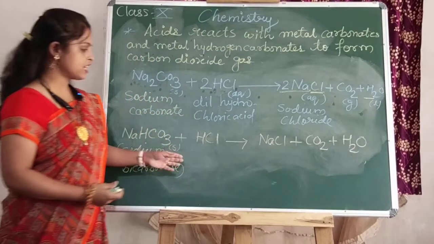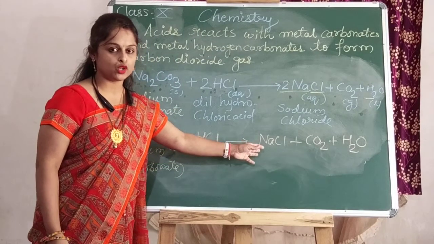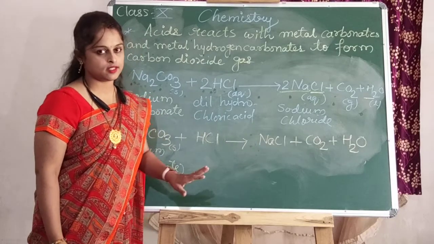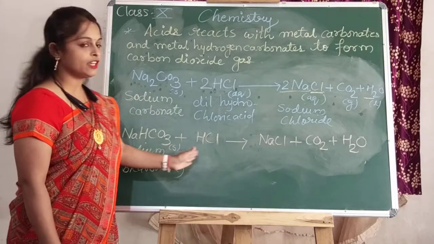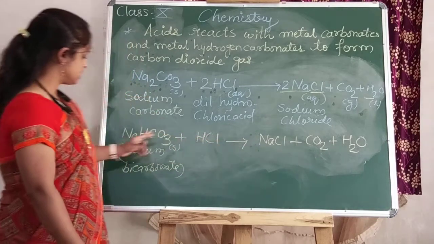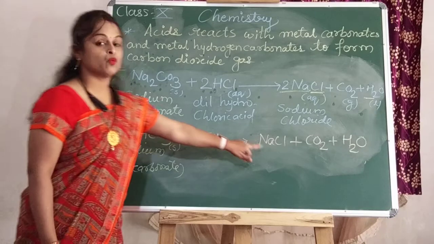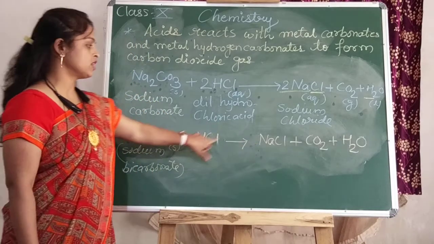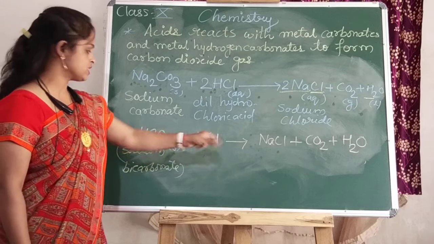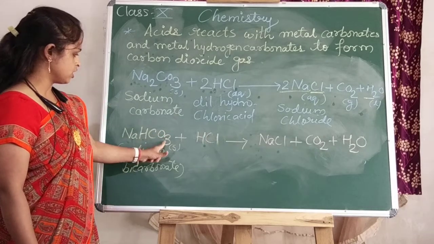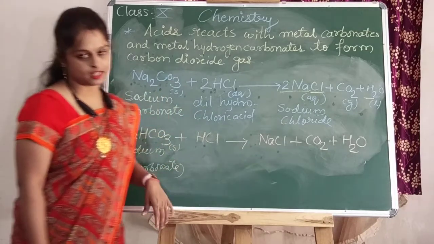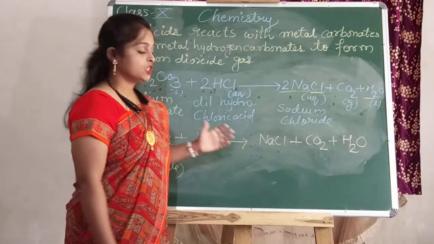Now, in this reaction, there is no need to write down the number 2, it is not necessary because while reacting these two, the reaction is already balanced. See here, sodium is 1, chlorine is 1, then CO3, CO2 is there. What is remaining? Hydrogen. One hydrogen, second hydrogen and one oxygen combine and they form the water.